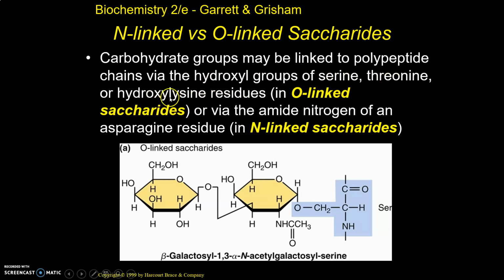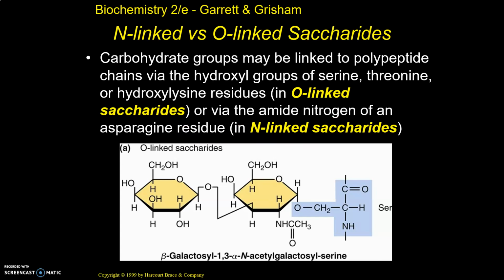Whenever it connects that way, it's going through a hydroxyl group, OH, so we call this an O-linked saccharide. Or asparagine has an amide nitrogen in its side chain, and it can actually link through that amide group in the side chain of asparagine, and when it does that, that is referred to as an N-linked saccharide.